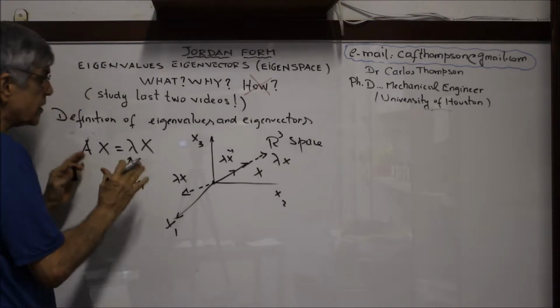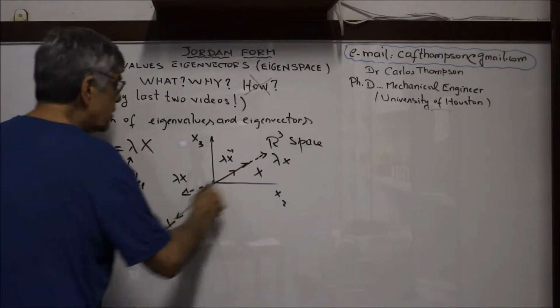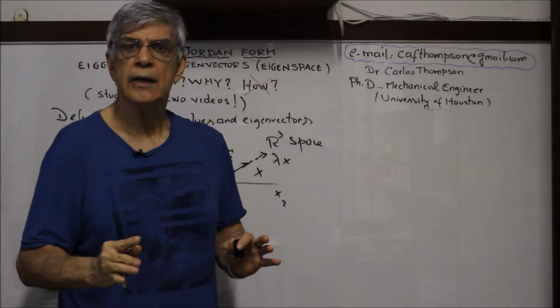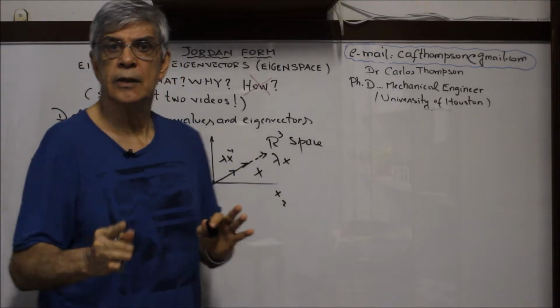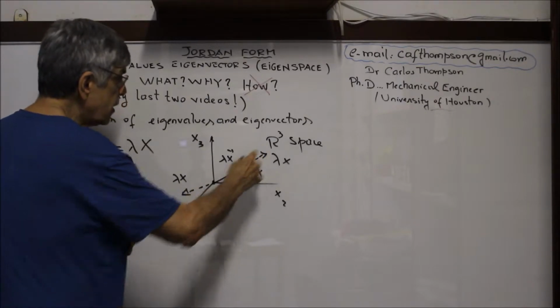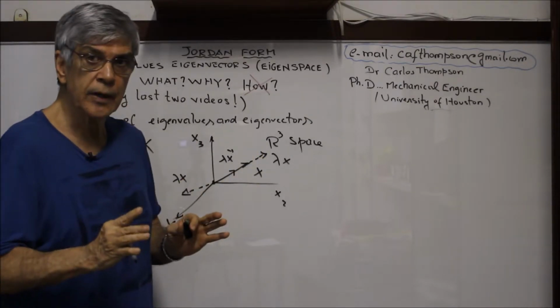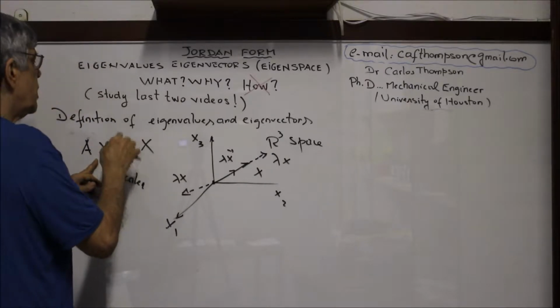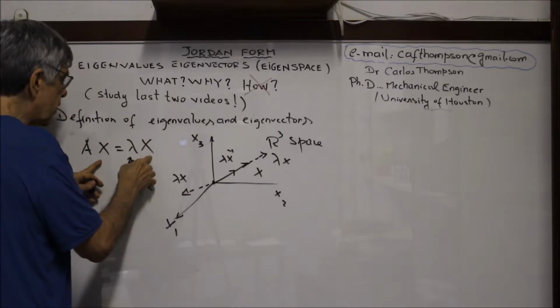So you have to understand that in this direction there are infinitely many solutions, but the direction is always the same. You see? Now that's the definition of eigenvalue and eigenvector.